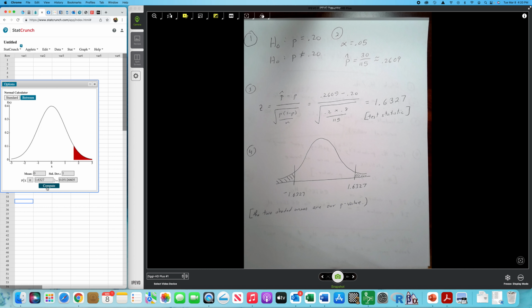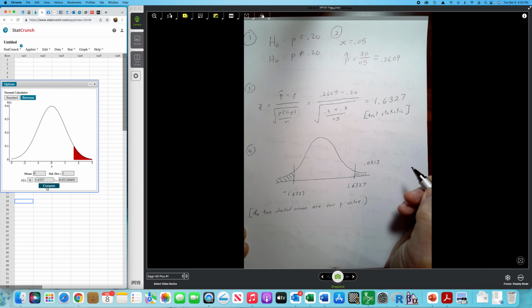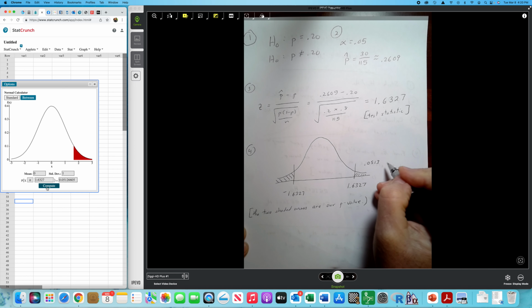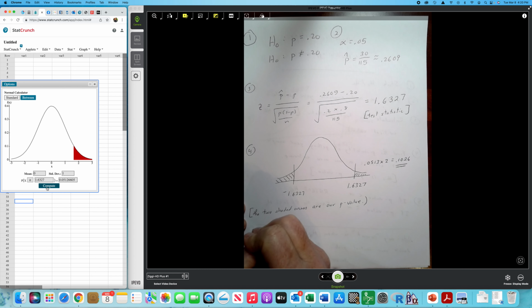So that's 0.0513. Because I have a two-tailed test, I must multiply by 2. And I get 0.1026.